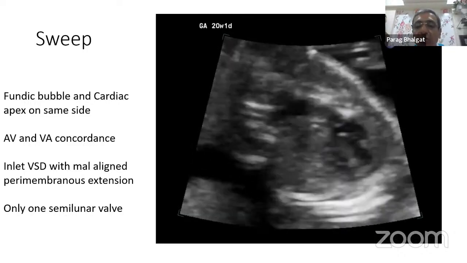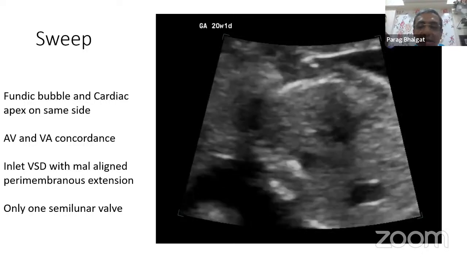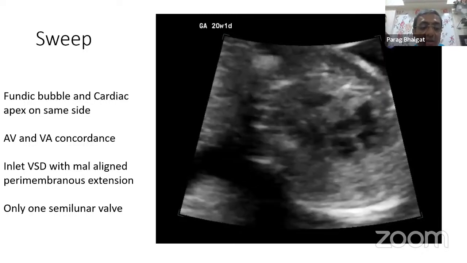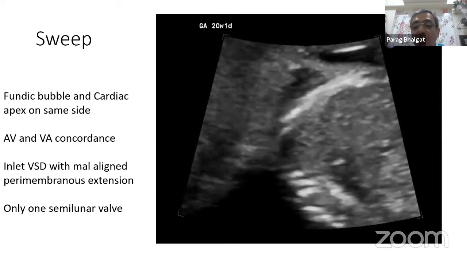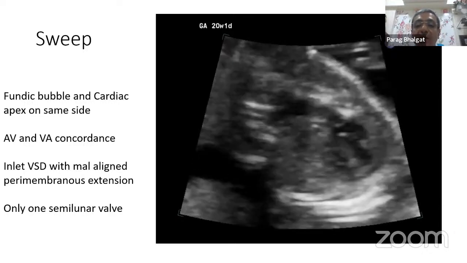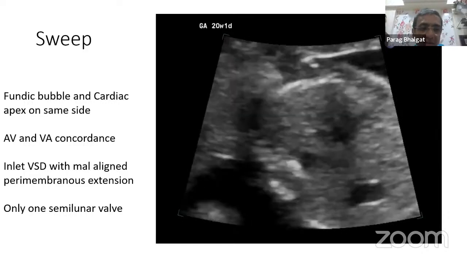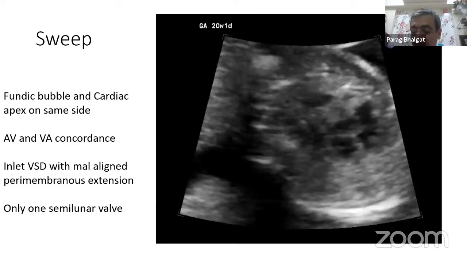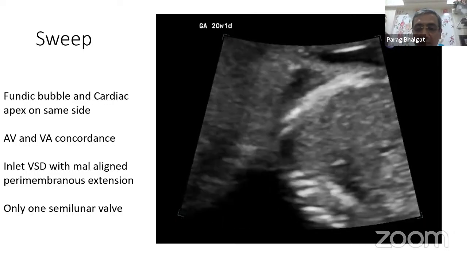One more thing to understand is that only one great artery is arising; another great artery is not seen. So it's AV concordance with both ventricles draining into one single great artery. The fundic bubble is on the same side as the LV heart.